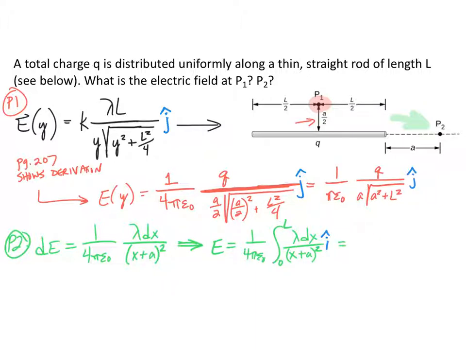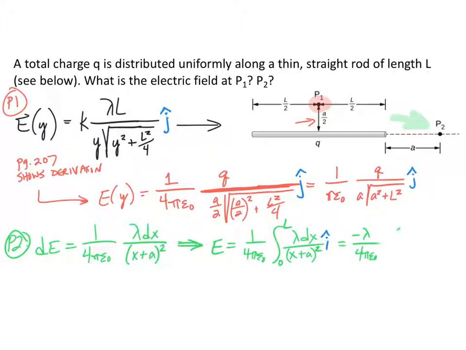And just like before, lambda will come out. There's also a negative involved in here, so I'll pull that out with it, a -1 factor for pi epsilon naught.